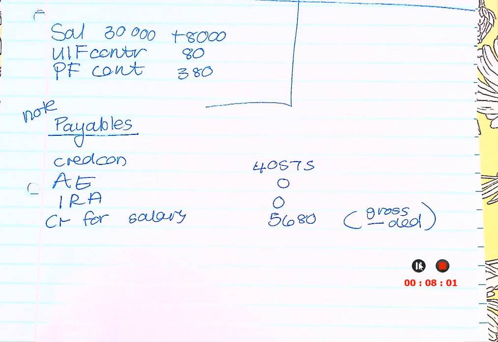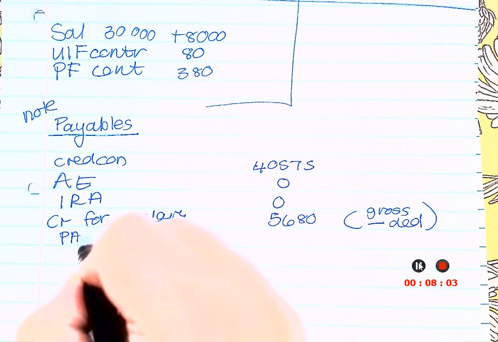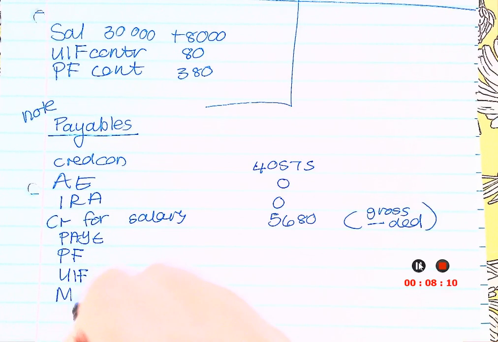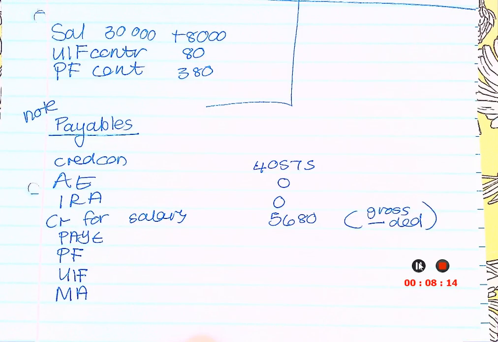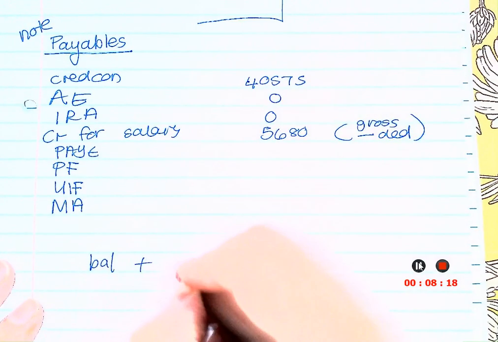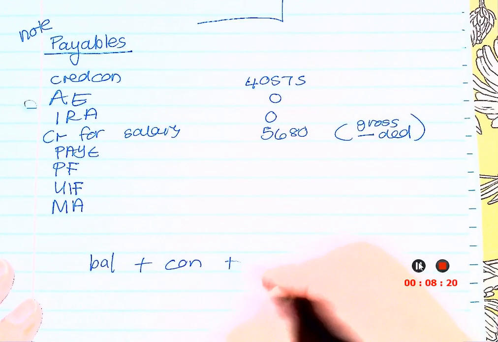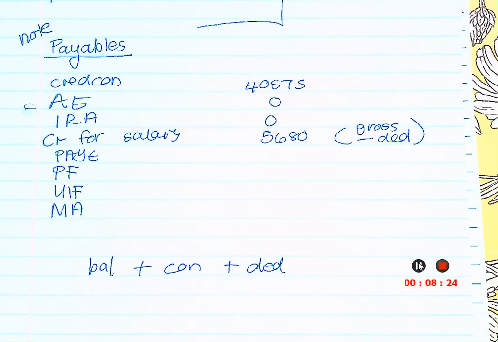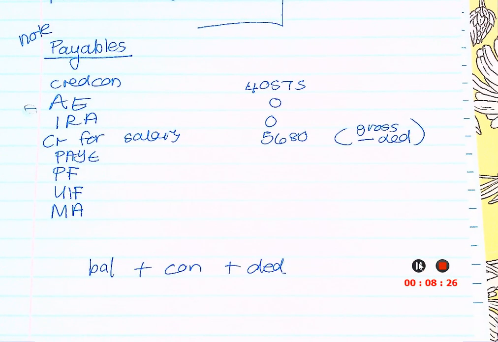Okay. Now, I've got PAYE. I've got pension fund, UIF, medical aid. So what do I want? I want the balance, what I still owe them, the contribution, and the deduction. Okay, so now let's go see. The balance I'm going to find in my trial balance.